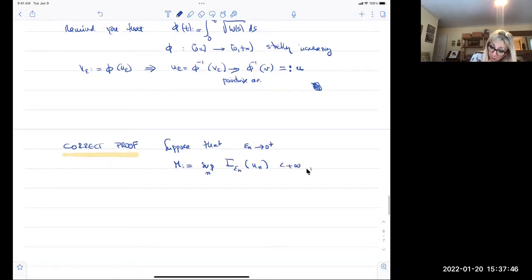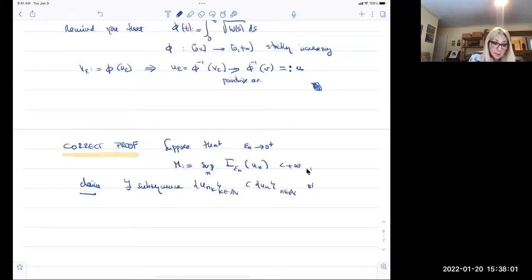What I want to prove, my claim, is that I can find a subsequence, say u_nk, such that u_nk converges in L1 strong, which is actually what I needed, right?